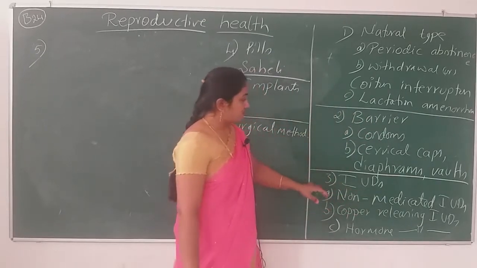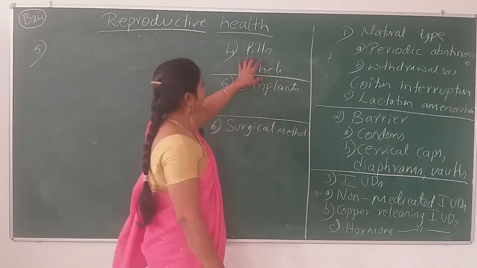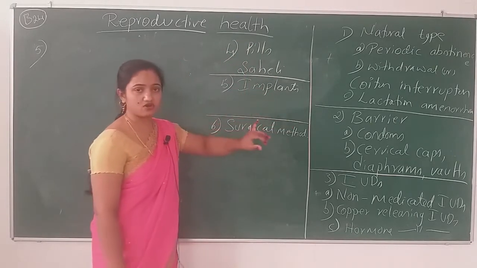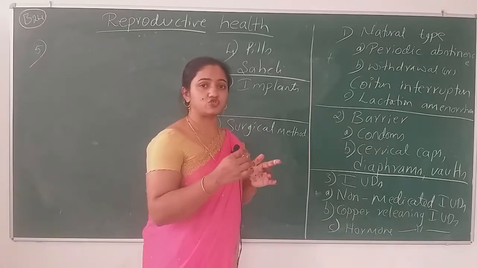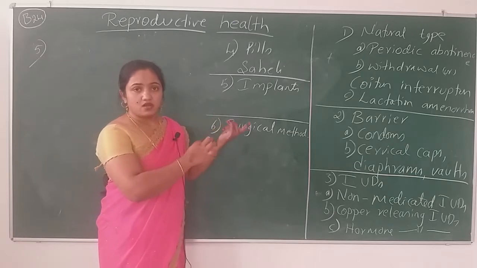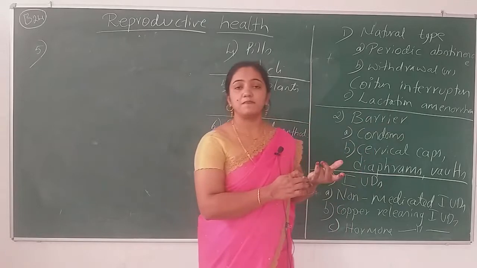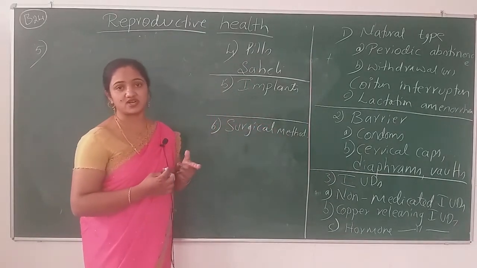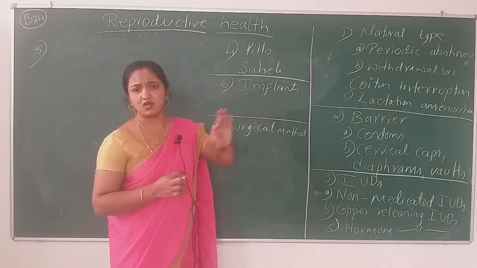IUD is only for a few days we can count, and pills we have to take regularly. Implants are for a longer duration, and after a few days the implant has to be injected again. But the surgical method is the one where, if a male or female has had a surgical treatment as a contraceptive, she will be free from fertilization.